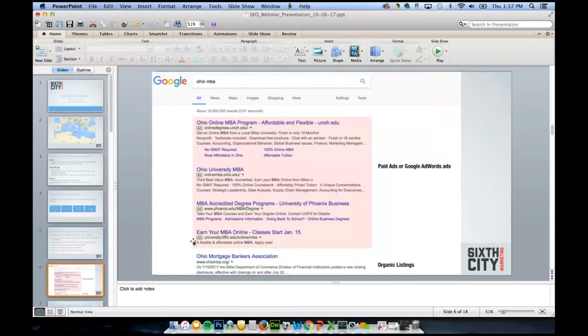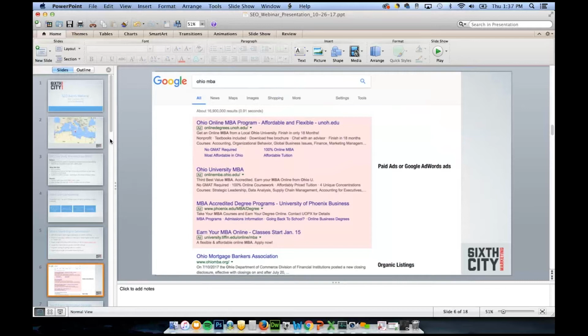And just to illustrate, if I did a Google search, Ohio MBA, the breakdown of what search engines show you, the ads, it's a little bit harder to see, so I modified it so you can see it a little bit more closely. You can see that I've highlighted the paid ads in red, and then underneath are the organic listings. And the breakdown is somewhere around 60% click on the organic and 40% click on the paid.